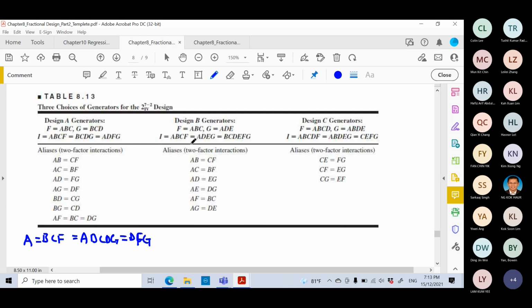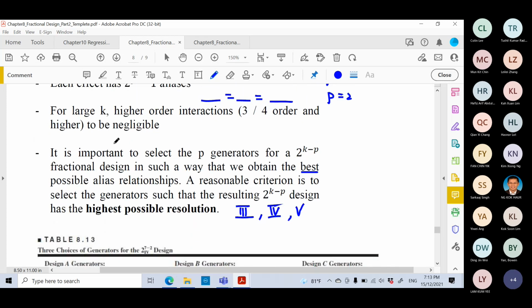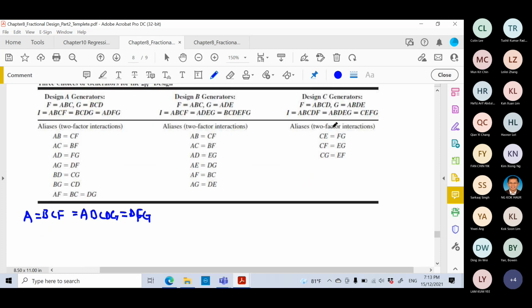Similarly, for this one, we multiply all the two-factor interactions together, and then you can observe that AB is equal to CF. Of course, in this example, or in most of the examples here, we will consider the 3- to 4-factor orders or higher to be negligible. So what we obtain will be here: the first one, the second one, and the third one.